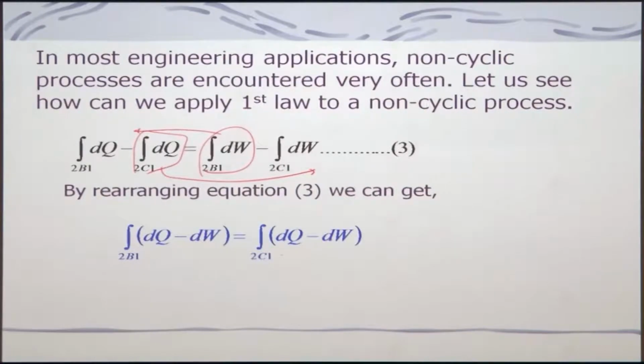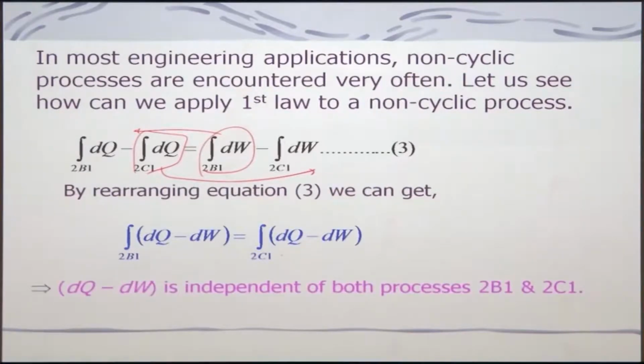And this term, if you look at dQ minus dW, from this statement one can say that it does not depend on the path. That means the dQ minus dW for the path 2b1 is equal to dQ minus dW for path 2c1.